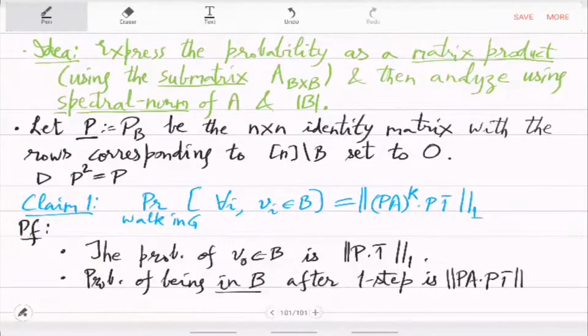For this probability vector again take the one norm. Maybe I should write here that this matrix PA, P times A, is the B cross B submatrix.